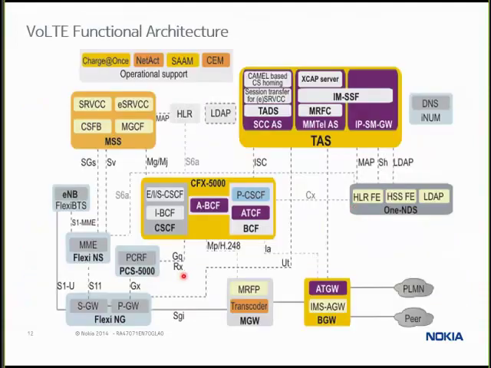In the Nokia implementation, here I said the CFX 5000, it's going to contain many of the functions that are for signaling. So if you really want to call that the core of the IMS, it is the core of the IMS. It's the one that's handling the signaling, and it's very similar to the functions that are happening in the MSS, or the mobile subscriber system, which is what controls the 3G and 2G type technologies.